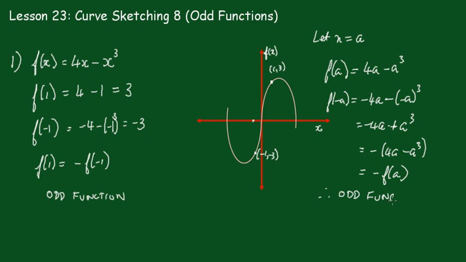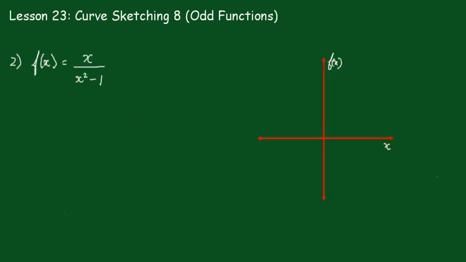And as we can see in the next example, this is a very powerful tool. Alright, now this is a more difficult curve to draw, but we'll just check to see if this is an odd function. So I'll put in f(a).